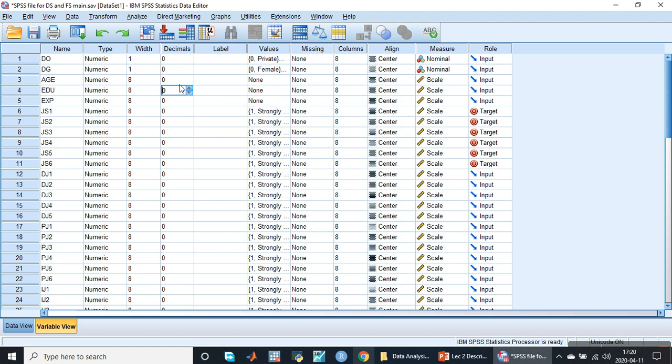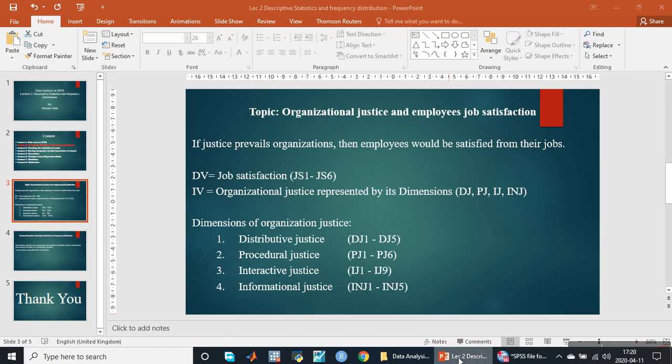So we can say that these two are the categorical variables which are nominal, while the rest are on ratio scale. So when we do descriptive statistics, it will be a bit different for categorical variables, and it will be different for the continuous variables.